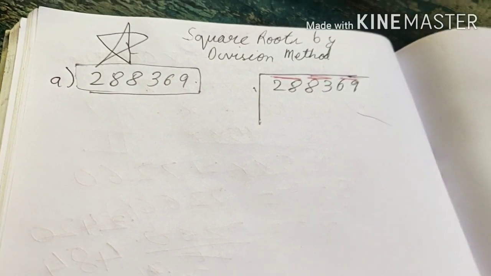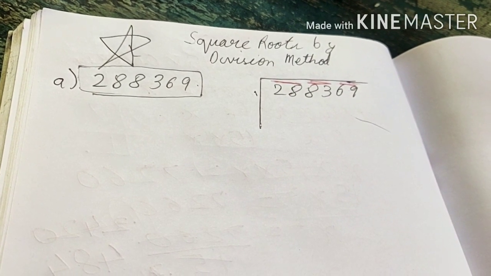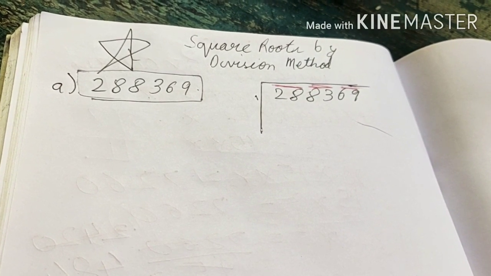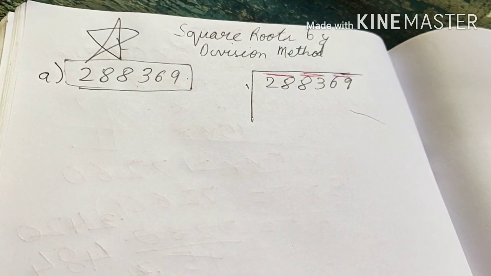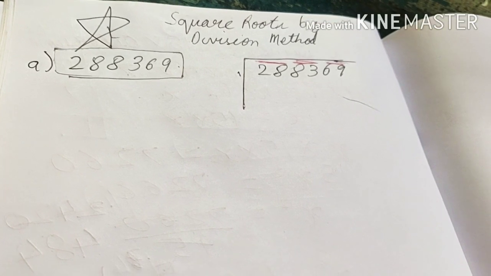In these questions, we will start by finding squares, as in division, we find the numbers that come just before it.